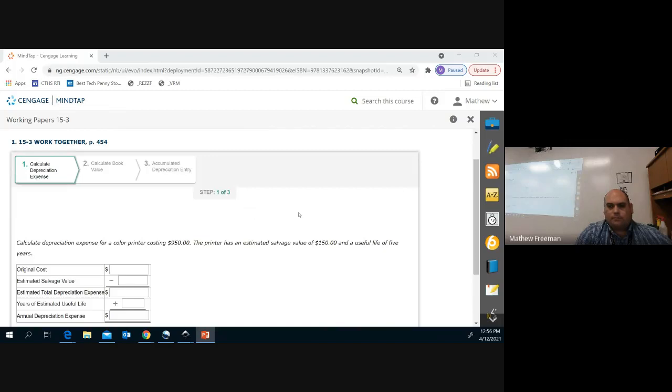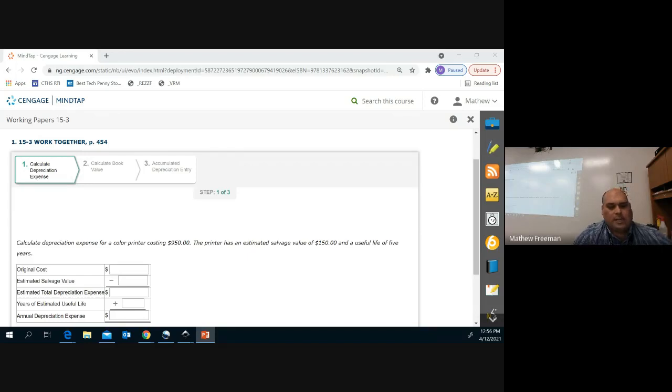And so there we go. Hopefully this helps zoom down a little better. And so here, first part on Cengage's MindTap accounting, we calculate depreciation expense for the color printer costing $950. The printer has an estimated salvage value of $150 and a useful life of 5 years. So we're given those key terms.